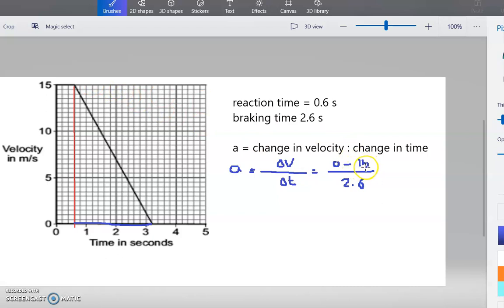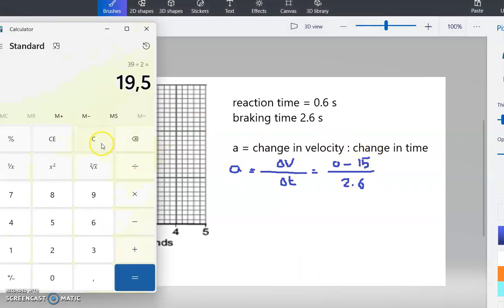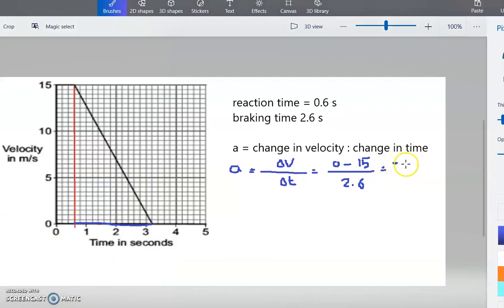So change in velocity is minus 15 divided by 2.6. So 15 divided by 2.6 is, let me round it off, minus 5.8 meters per second squared. And the negative sign here represents that we have deceleration. That means that the car is slowing down or the velocity is decreasing. So that sign here tells us if we have acceleration or deceleration.